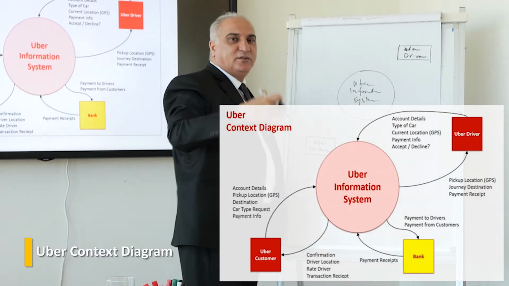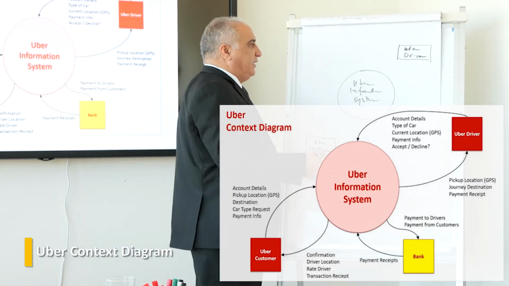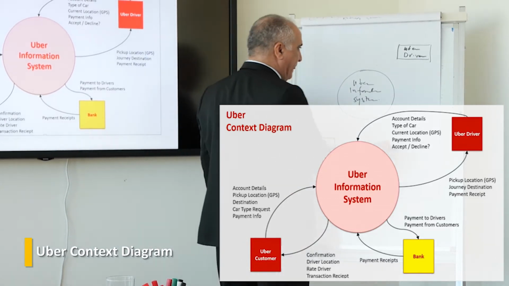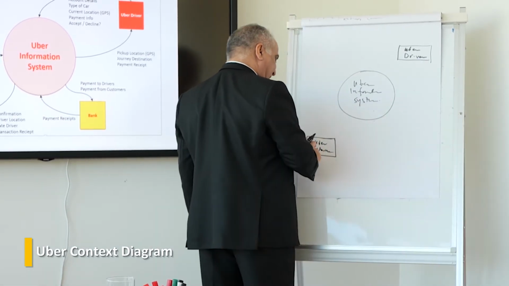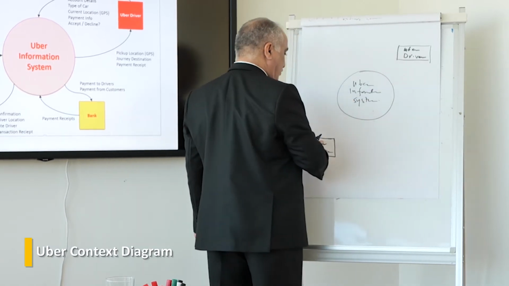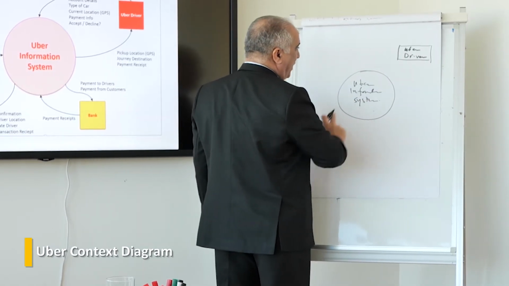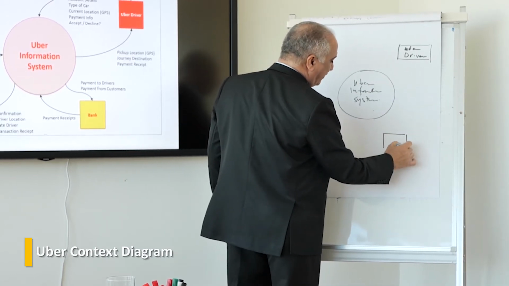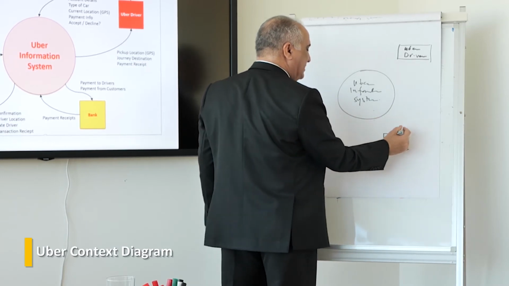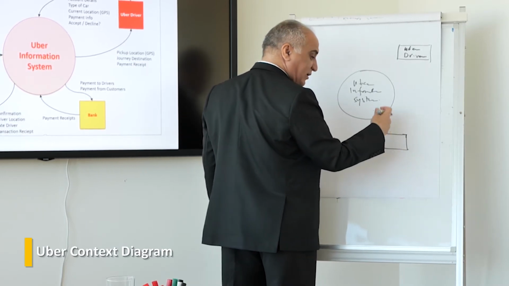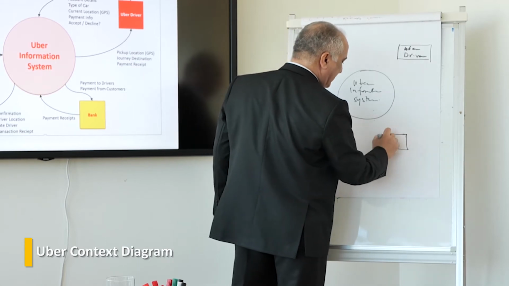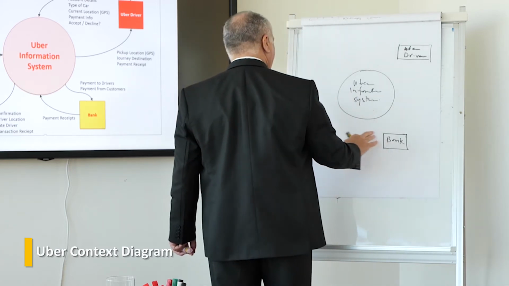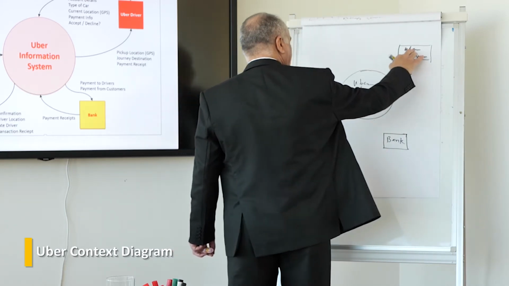They have an agreement with Uber to provide their cars to fulfill the requests made by the customer. Now, keep in mind that customers make a payment, and drivers also need to get paid. So the Uber information system has to interact with an external entity called a bank. Now we have one external entity, two, three.